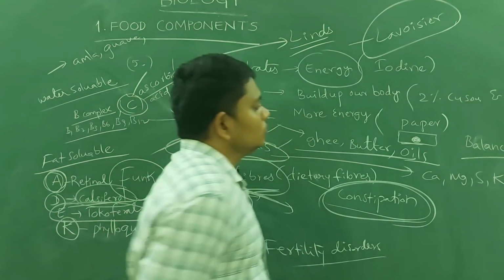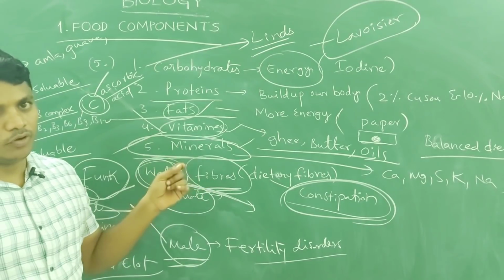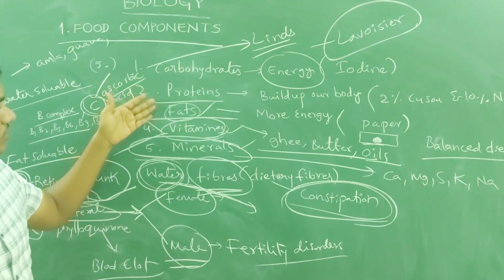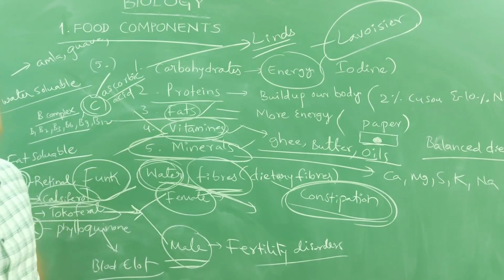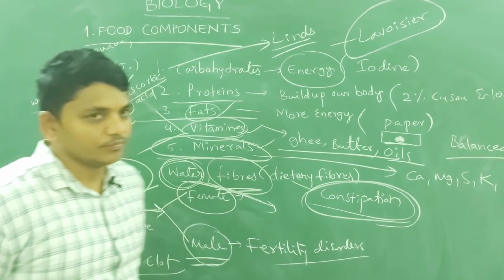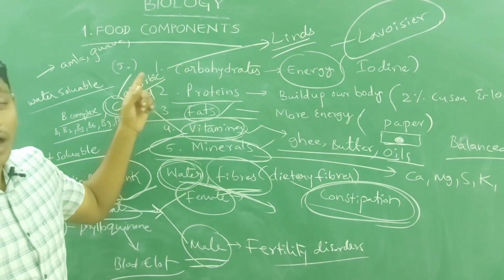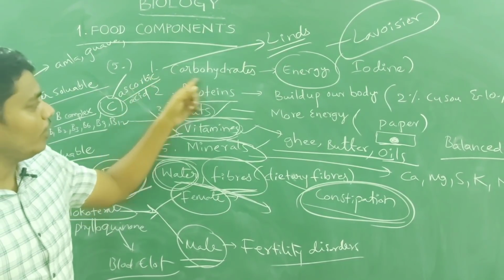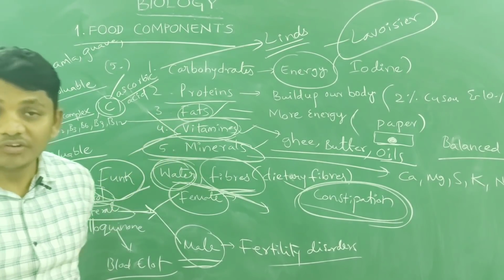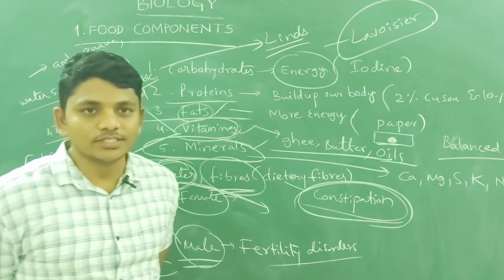The food that contains all the components like carbohydrates, proteins, fats, vitamins, minerals, water and fibers in proper proportions is called a balanced diet.